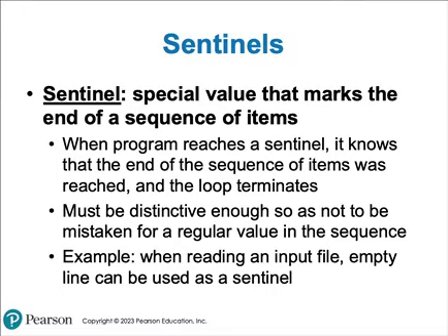But maybe in that case a -1 would be an example. Your grade is presumably going to be between 0 and 100 inclusive. So if you hit a -1, that is not a valid grade, so you could use that as your sentinel value. Here they say it must be distinct enough as to not be mistaken for a regular value. So in the case of grades, -1 fits that.